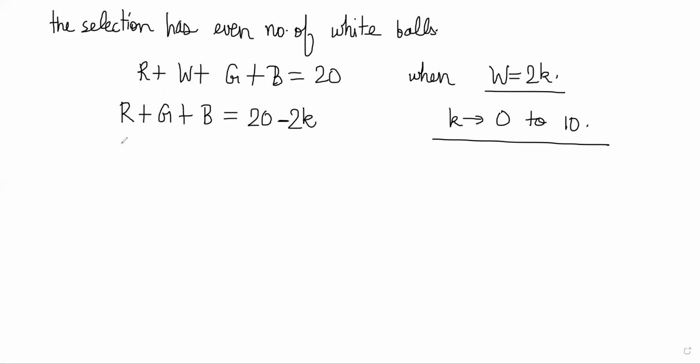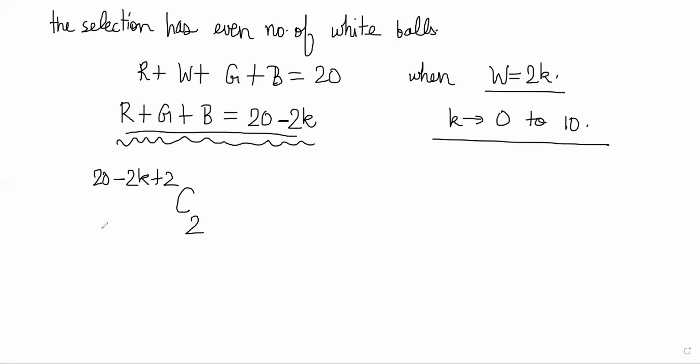In this general situation, the answer will depend on K. The number of ways to solve this equation would be 20 minus 2K plus 2 C2, and we have to sum it up for K from 0 to 10.